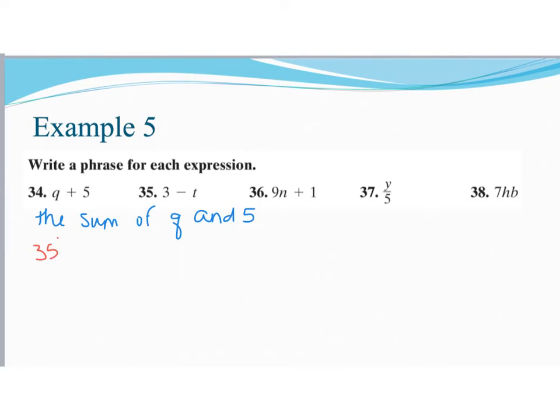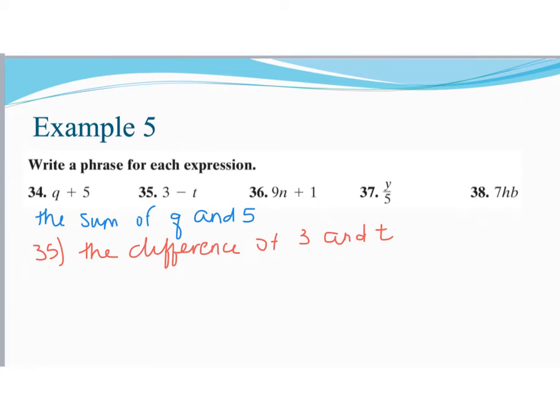Now for number 35, and I'll write that down here below, it says 3 minus t. So you could do 3 minus t, or I could say the difference, and there will be multiple answers for these. The difference of 3 and t.